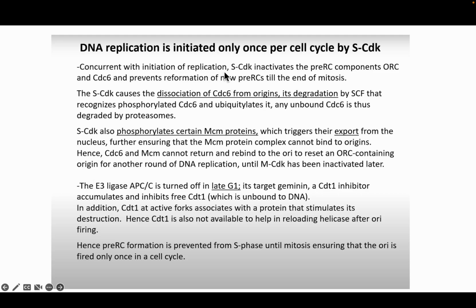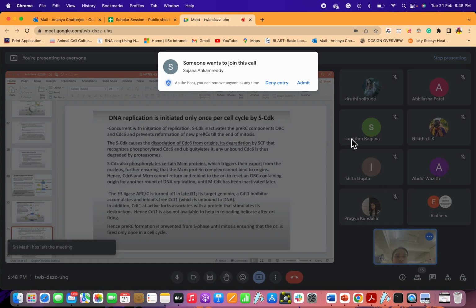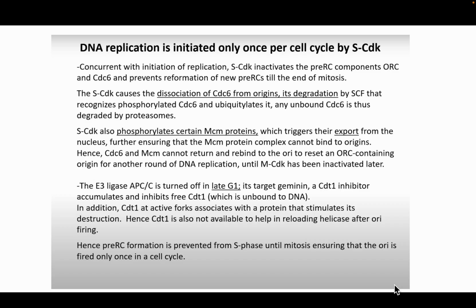Concurrent with initiation of replication, S-CDK inactivates the pre-RC components ORC and CDC6 and prevents reformation of a new pre-replicative complex till the end of mitosis.